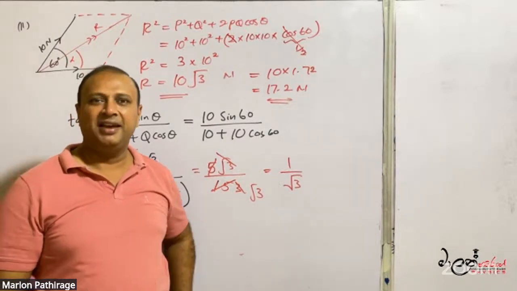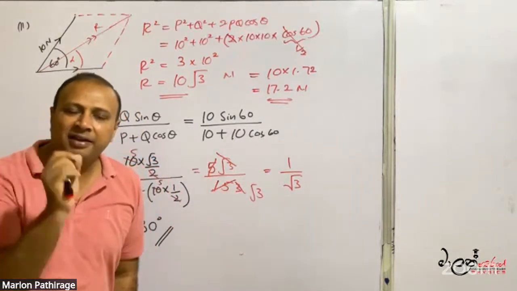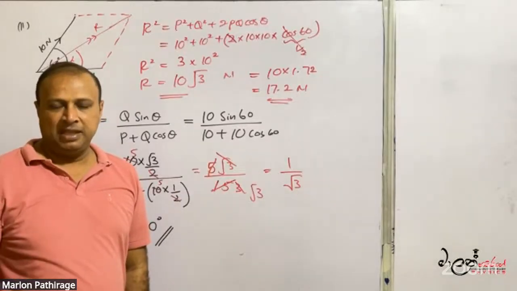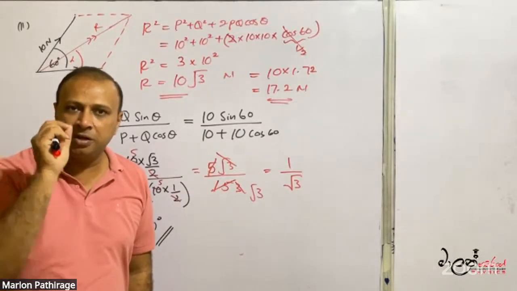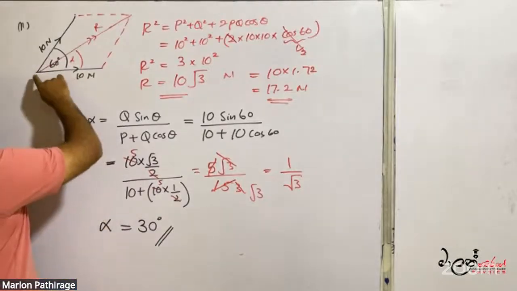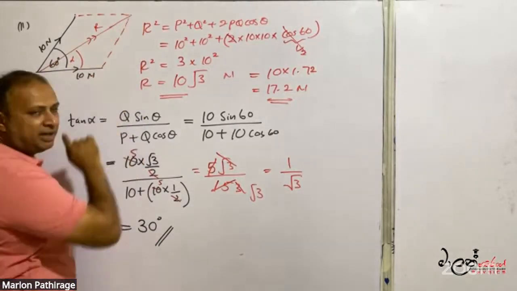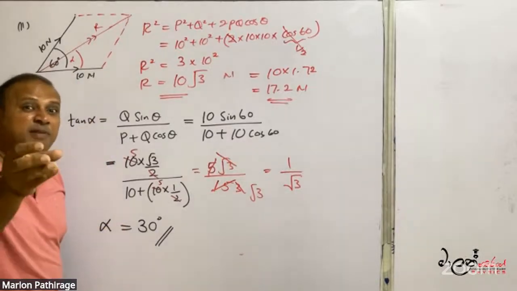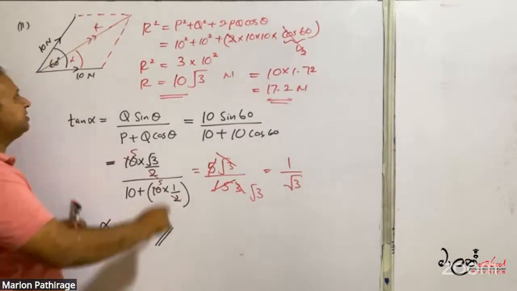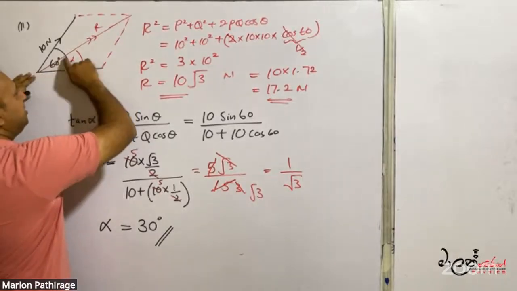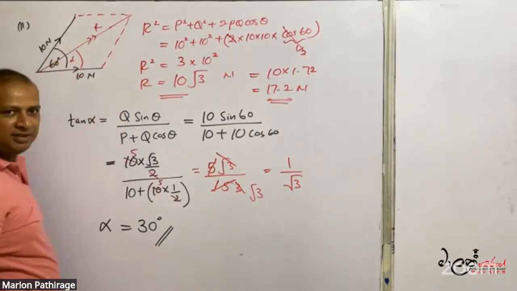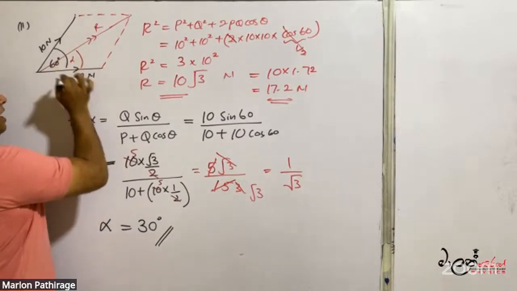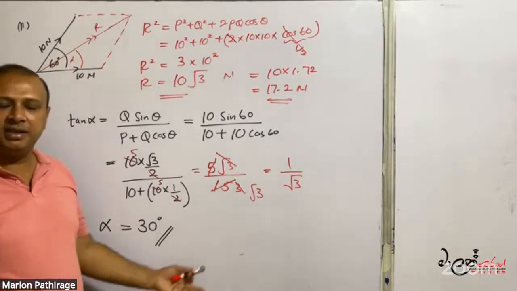Okay. So you know the characteristic of a rhombus. If you can remember it, this diagonal bisects the internal angle. That means this is a bisector of this angle. Therefore, definitely alpha should be 30.